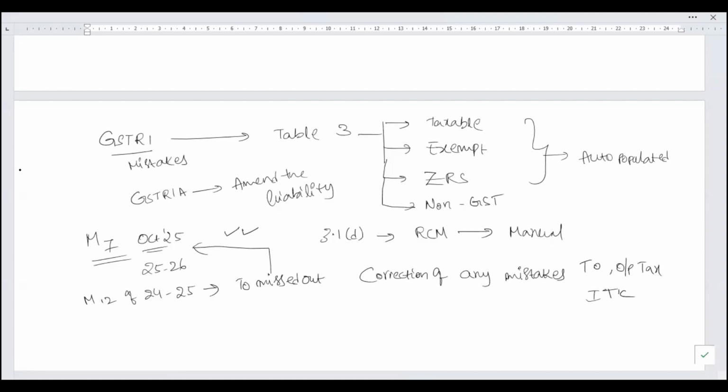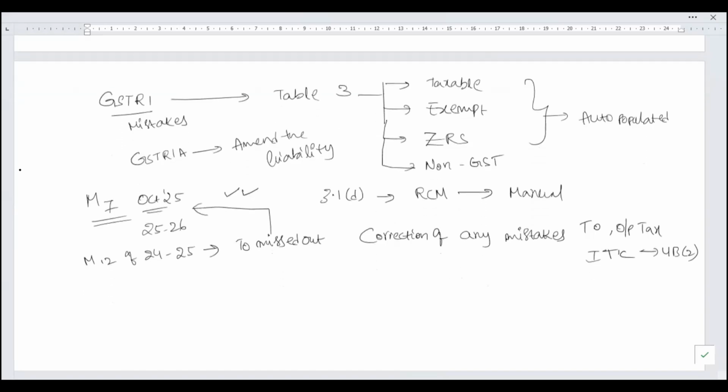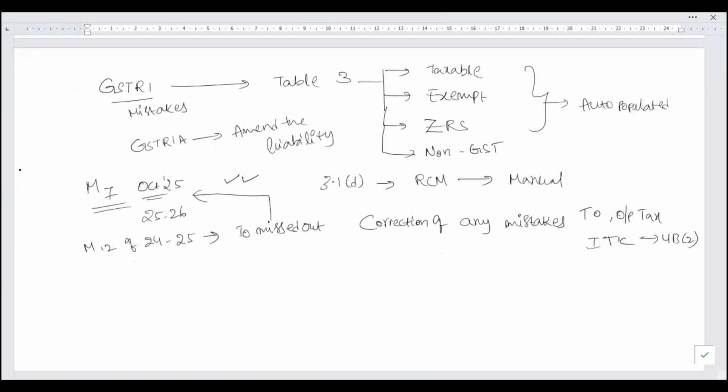In GSTR3B, sir, I have taken excess credit. Now, for this excess credit, I can reverse it through 4B2. Instead of GSTR DRC03, using my GST return itself, I can do that. Option 1, I can do it through this particular thing, or I can do it through DRC03. So for these corrections, option 1, I can do through GSTR3B.